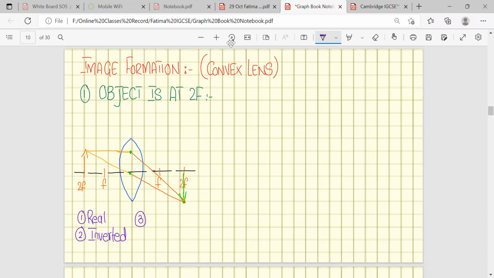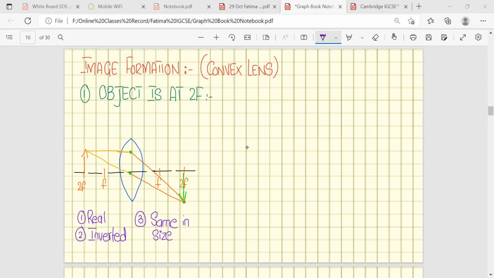The size of the image will be the same as the object, right? Okay, so this is our first case of image formation. The image will be real, inverted, and the same in size.